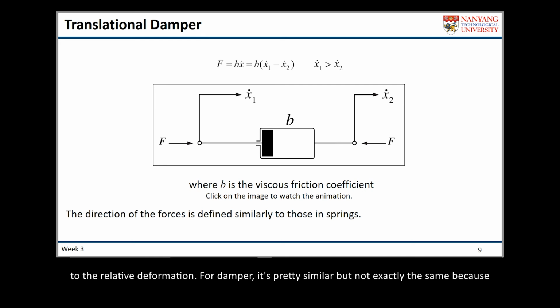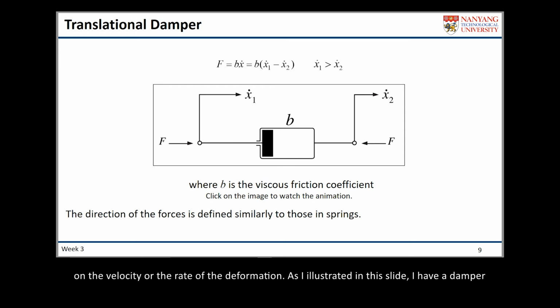For a damper, it's pretty similar but not exactly the same, because in a damper element the force applied is not proportional to the relative deformation, but instead it is proportional to the rate of deformation. So it depends on how fast you compress it or how fast you stretch it. It depends on the velocity, on the rate of deformation.